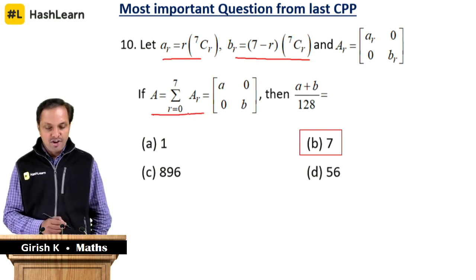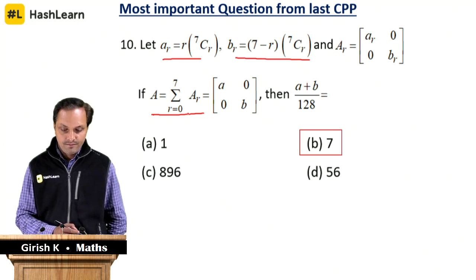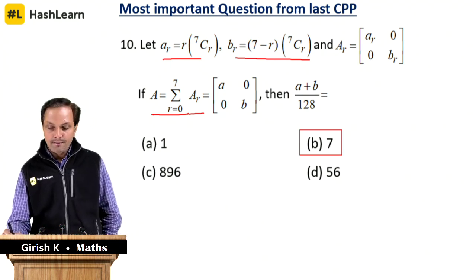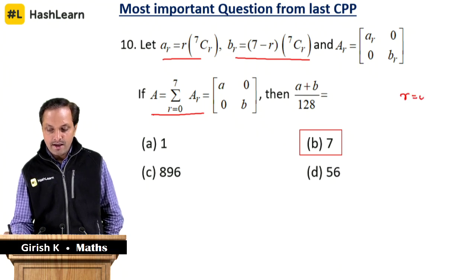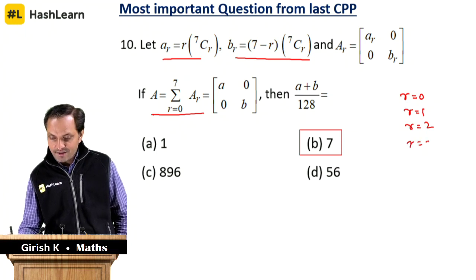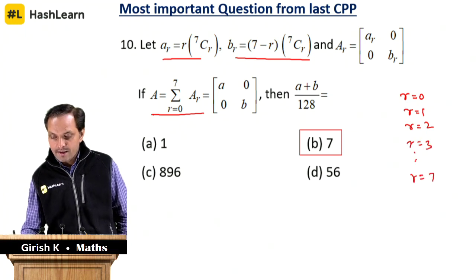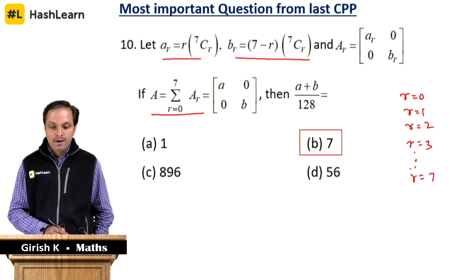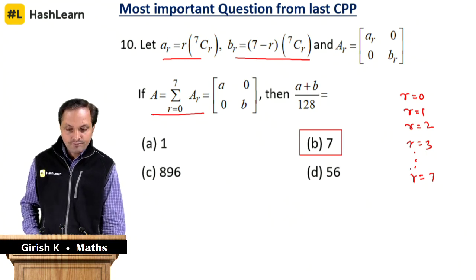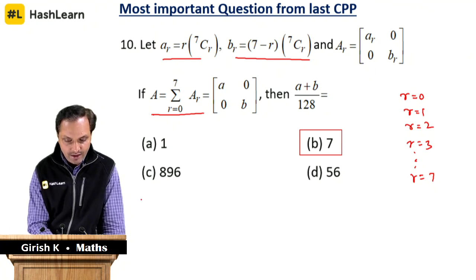A is summation of R from 0 up to 7. So what you need to do here is keep on substituting R as 0, R as 1, R as 2, R as 3, and you should end at R as 7. Okay. So I will show you what happens when you substitute here.